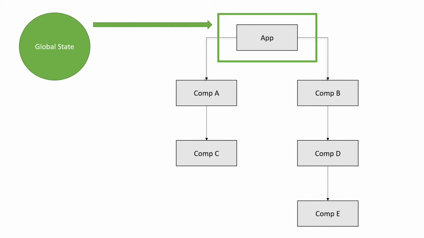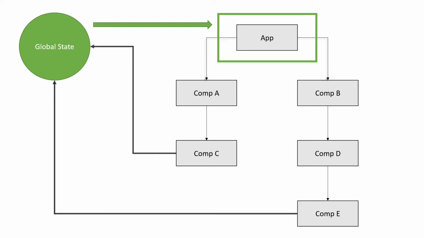So this context component allows each of the children components to have access to the global state without having to prop drill. So now each one of these, component C and component E, can just connect to the context and read the necessary state that it needs from the global state. So this is how global state works, and this is the main idea behind what we're going to explore today.